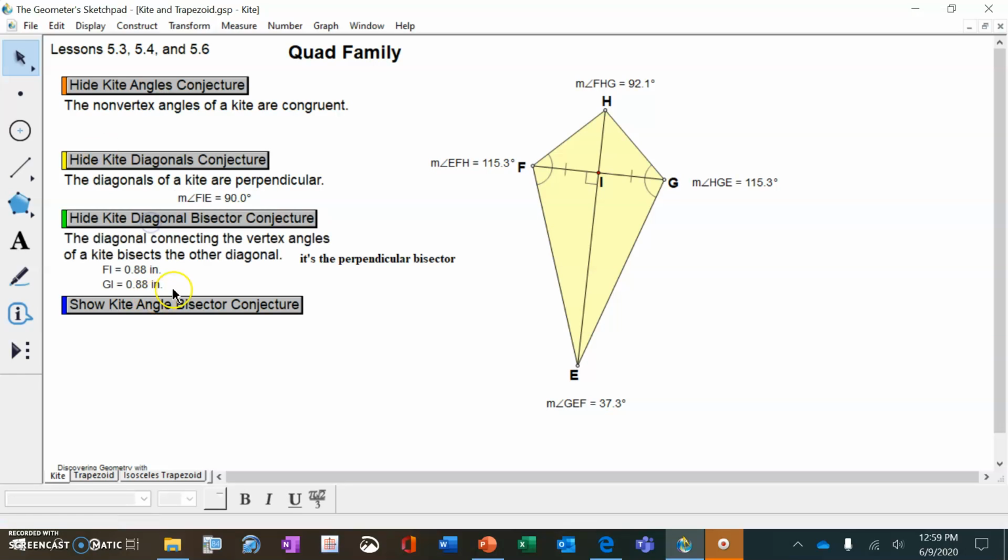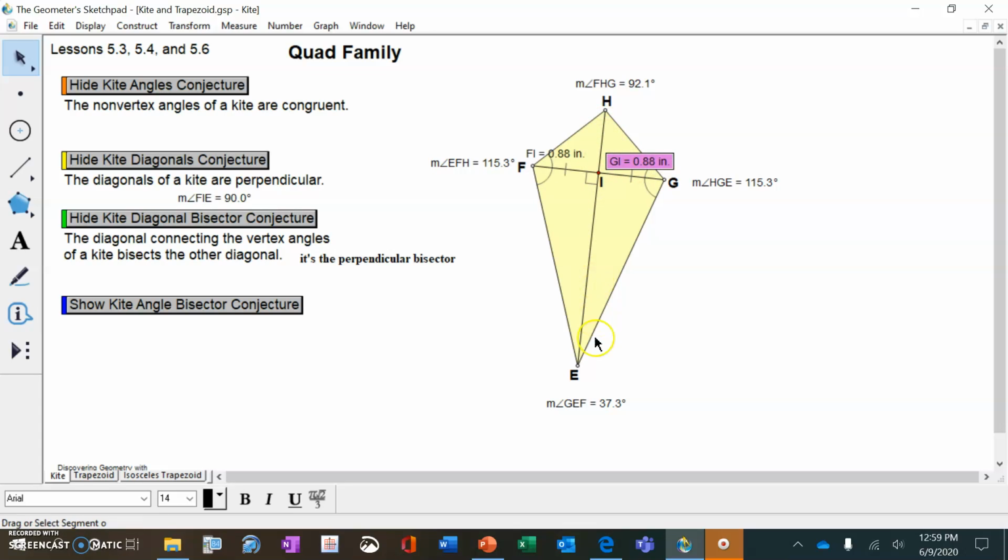Okay, this is conjecture number 36. The diagonal connecting the vertex angles of a kite, right here. What does it do? It bisects the other diagonal. So FI is 0.88 and IG is 0.88.